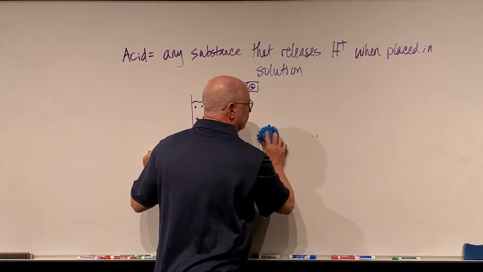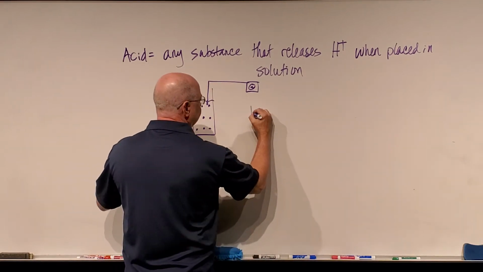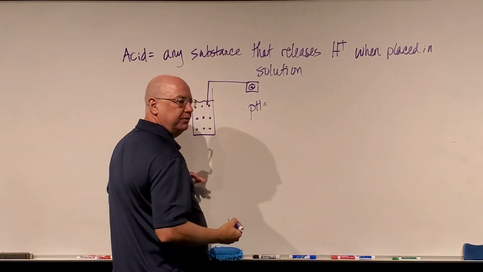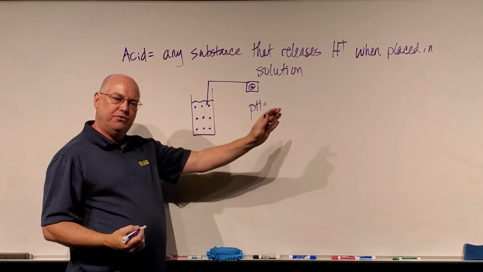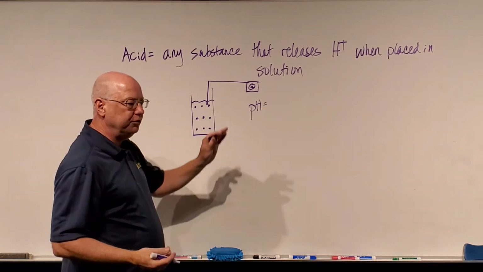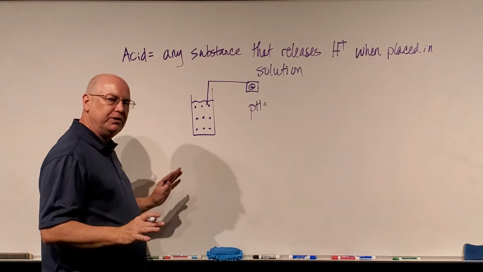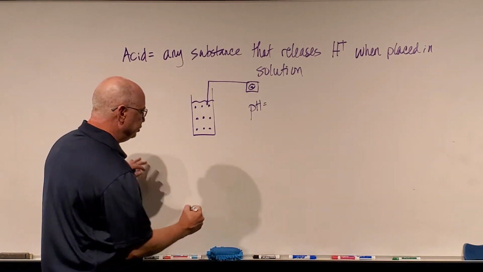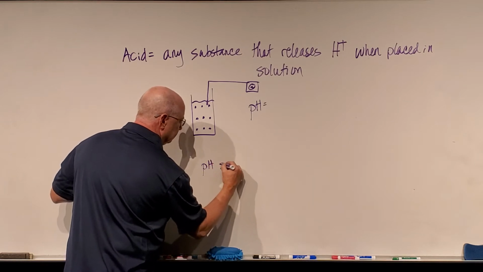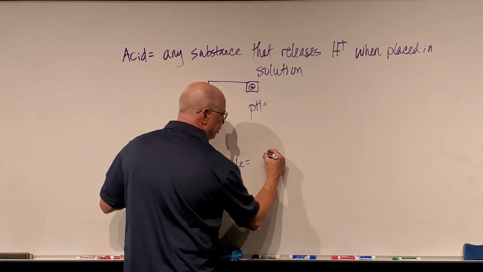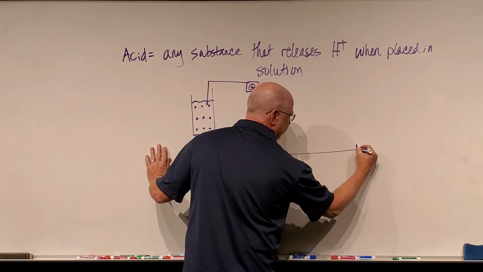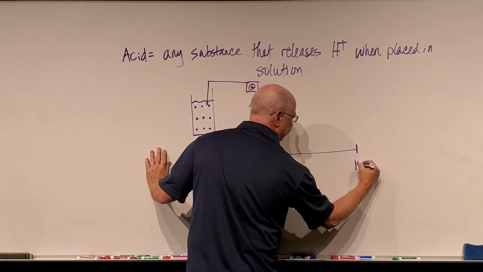If I measure the pH, it's going to give me a number somewhere between 0 and 14, or 1 and 14. Although there are things smaller than 1 and higher than 14, but they're pretty rare. The pH scale is a scale that gives us numbers that go from 1 to 14.